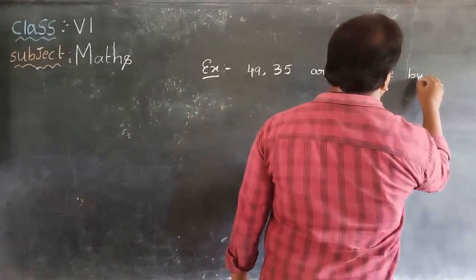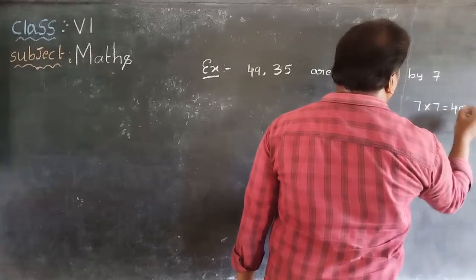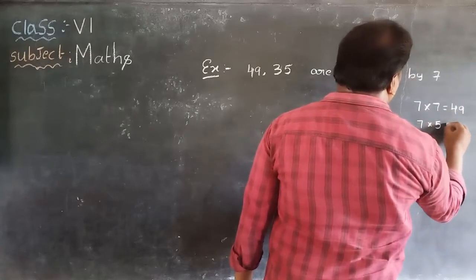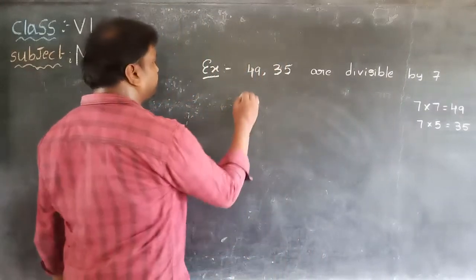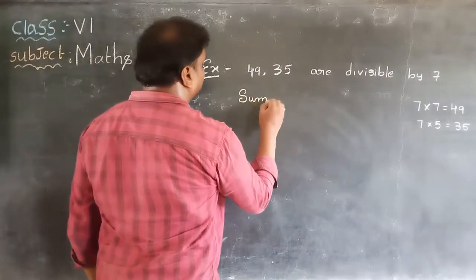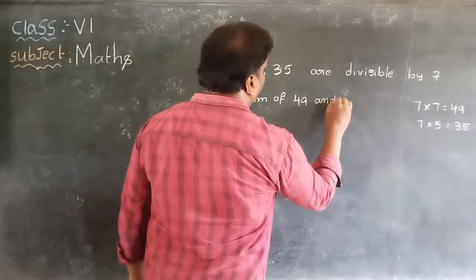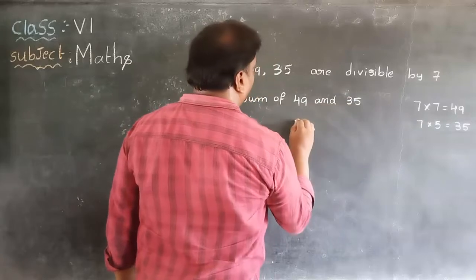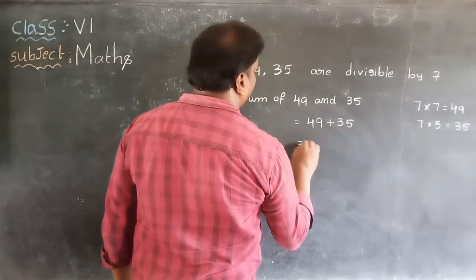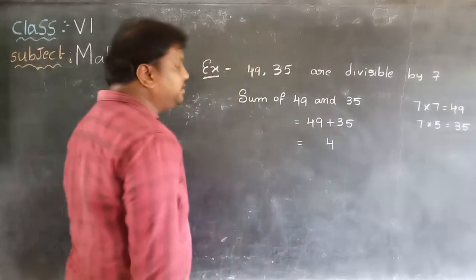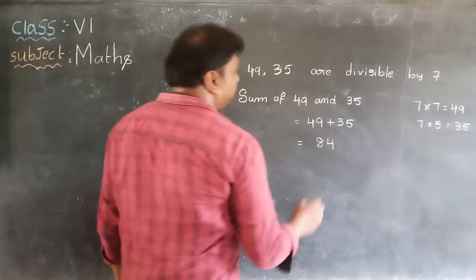Divisible by 7 means 7 sevens are 49, 7 fives are 35. Now the sum of 49 and 35 is equal to 49 plus 35. How much? 9 plus 5 is 14. Then 4 plus 3 is 7, plus 1 is 8. 84.